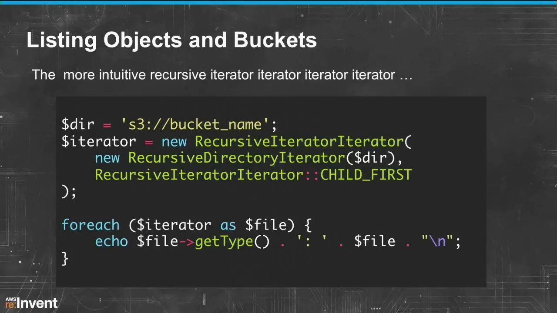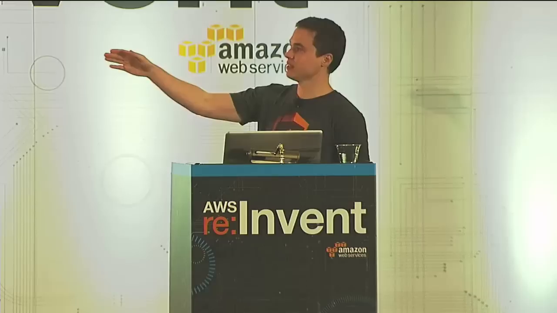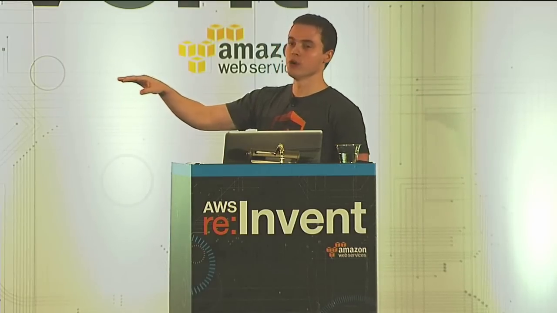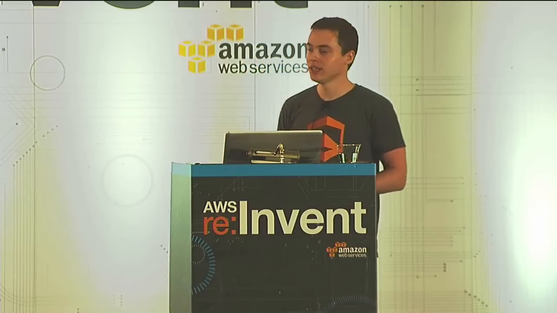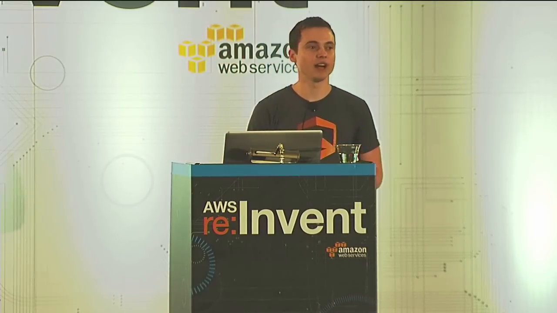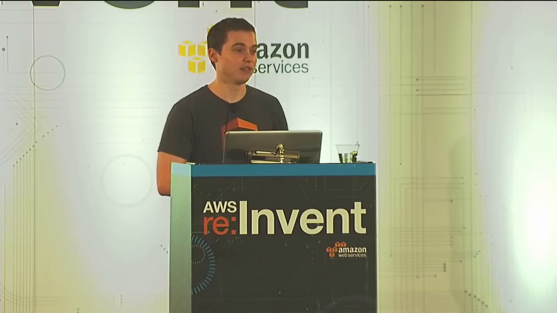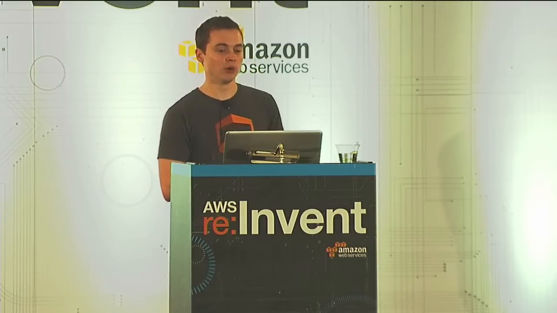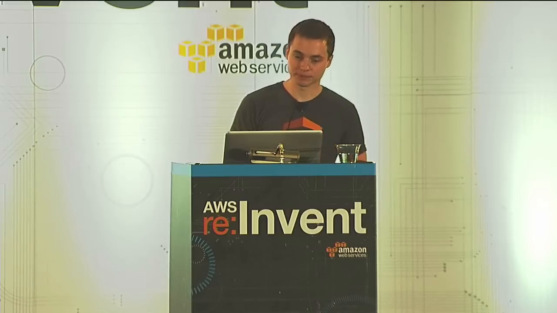The great thing about this is once you've got this ridiculous thing set up and you've created your iterator, you can simply iterate over that, and that's going to yield you back your SPL file info objects. These encapsulate an object from Amazon S3, and they can tell you really useful stuff like the file name, the directory the file's located in, the size of the file, the mode, interesting things like that.